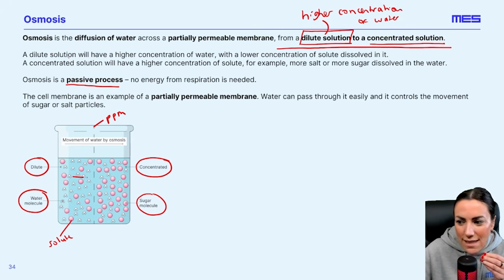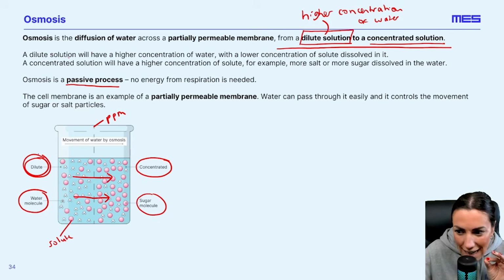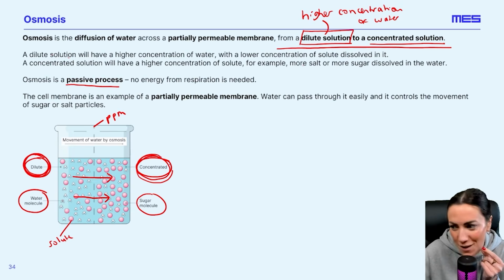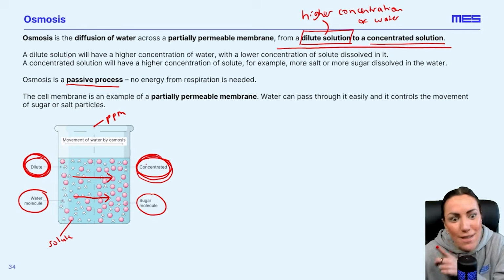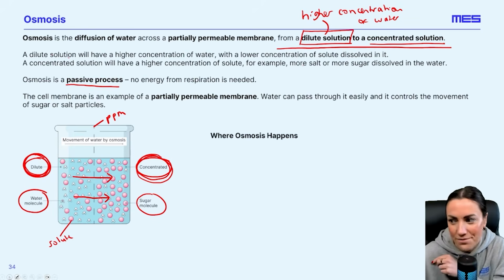So osmosis is going to occur in this direction because remember, osmosis is the diffusion of water from a dilute to a concentrated solution. Or we can say it's the diffusion of water from a higher concentration of water, which is a dilute solution, to a lower concentration of water, which is a more concentrated solution.